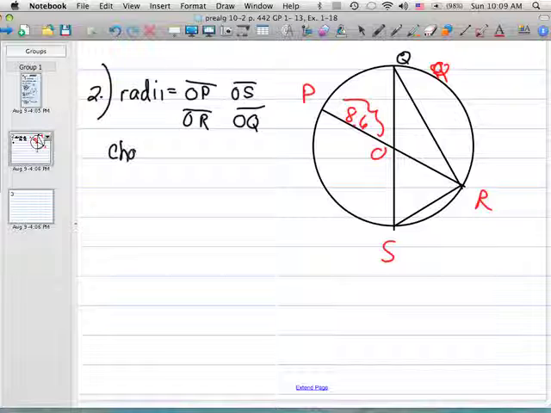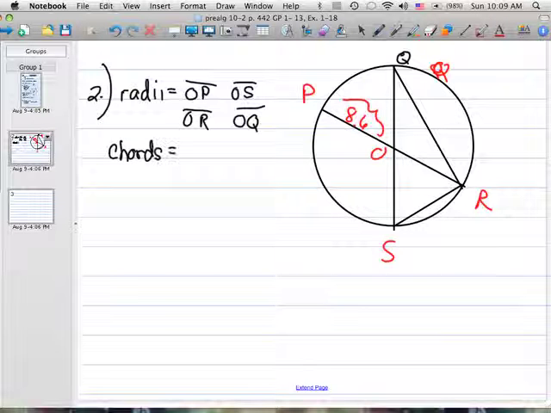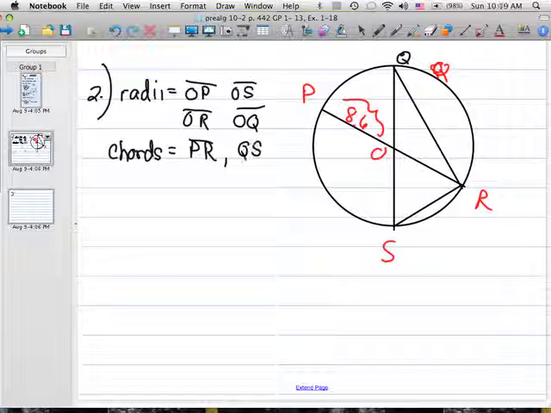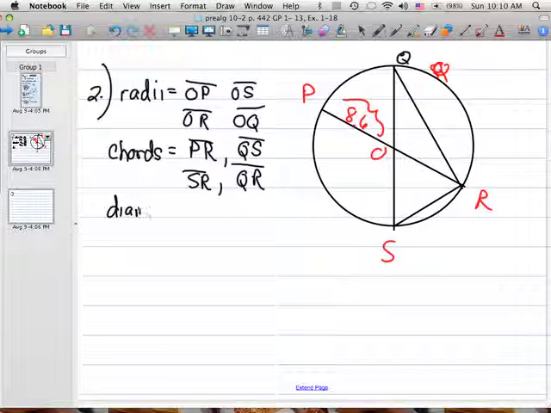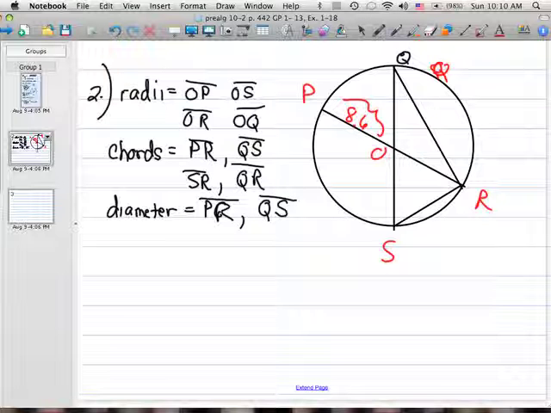Chords, line segments whose endpoints are on the circle would be PR, QS, SR, and QR. And the diameters, there are two of them. PR is a chord that goes through the center, and QS is a chord that goes through the center.